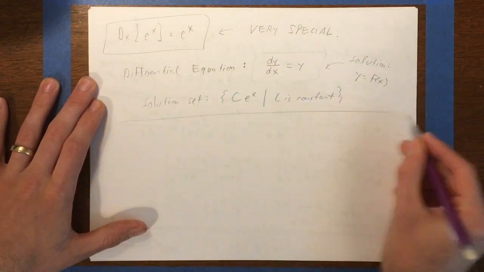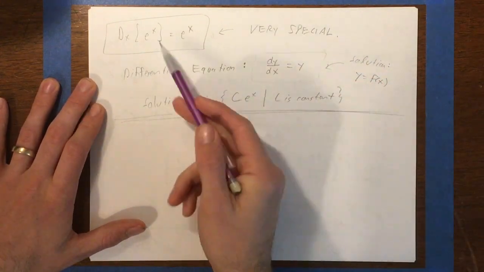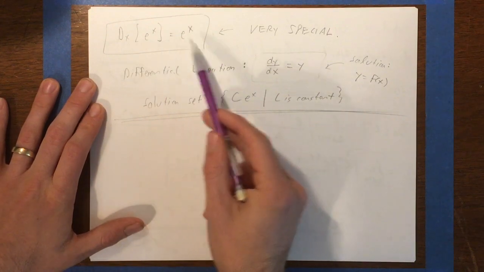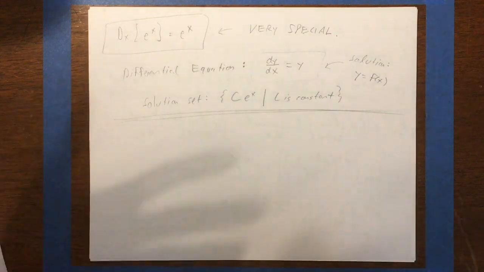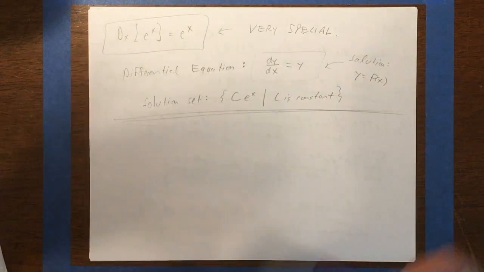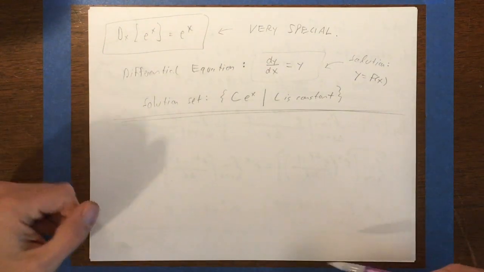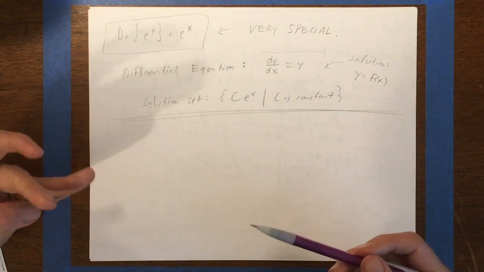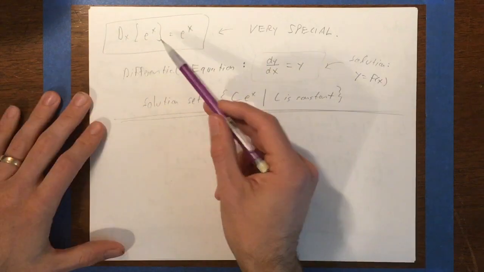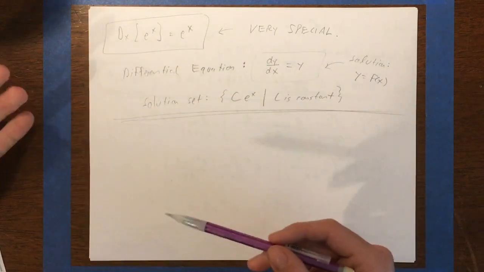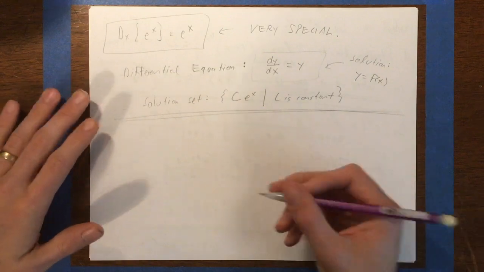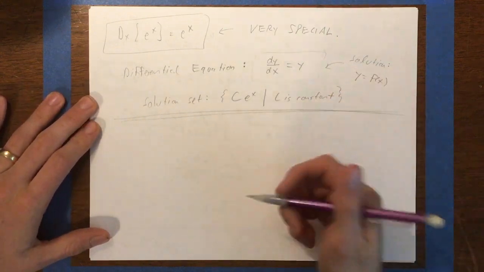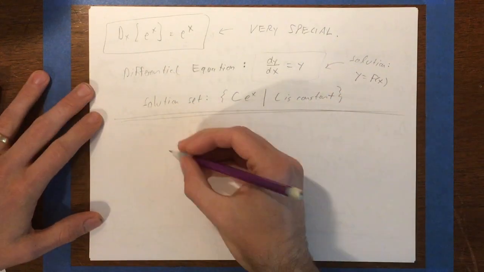So essentially what that's saying is that this is not only a function whose derivative is itself, it's really the only function whose derivative is itself, up to multiplying by a constant. That's the only thing you can do besides just take e to the x: take e to the x times something else. So this is one of the things that makes the number e so special.